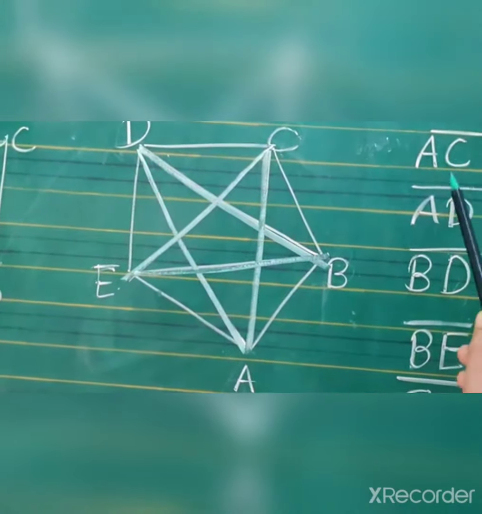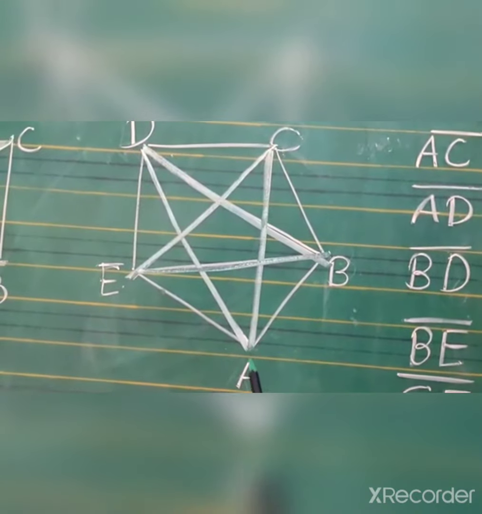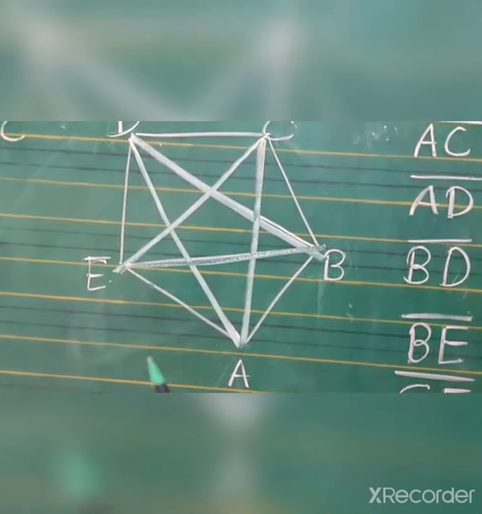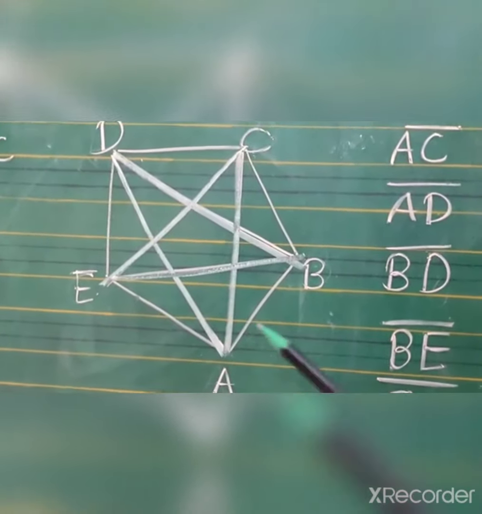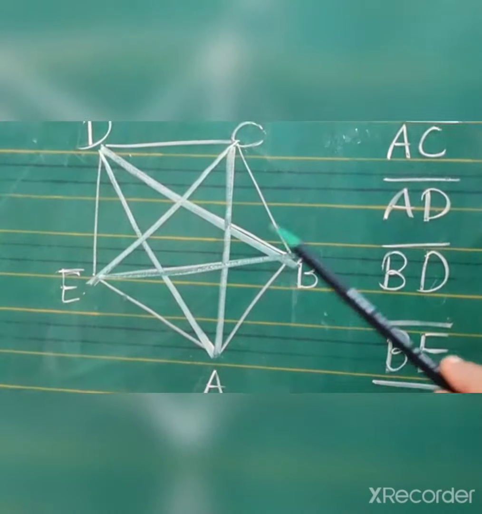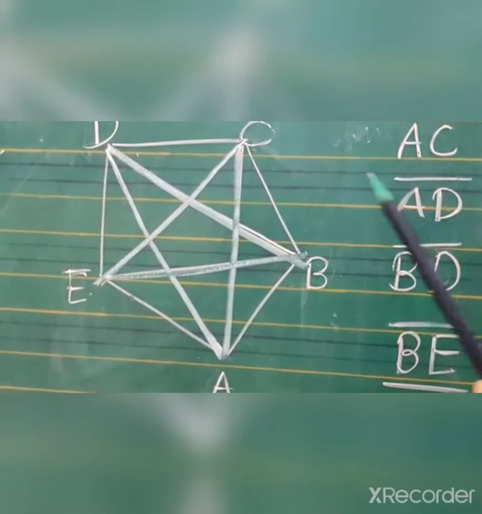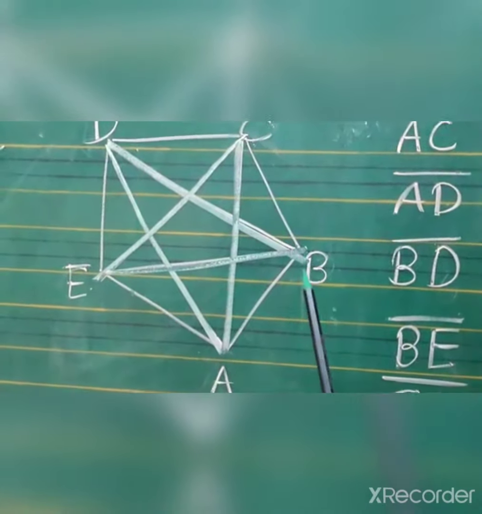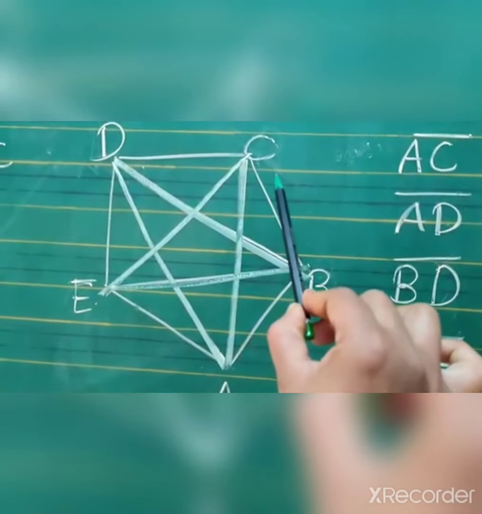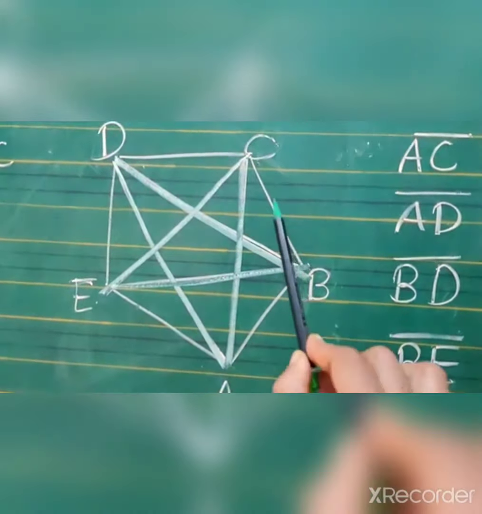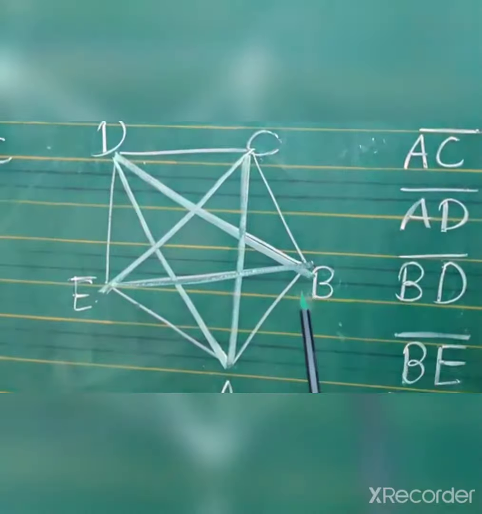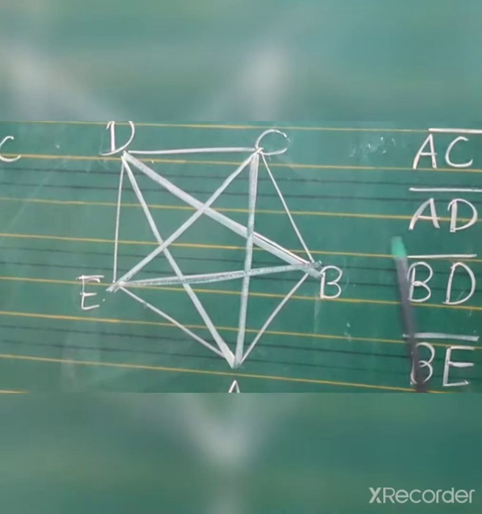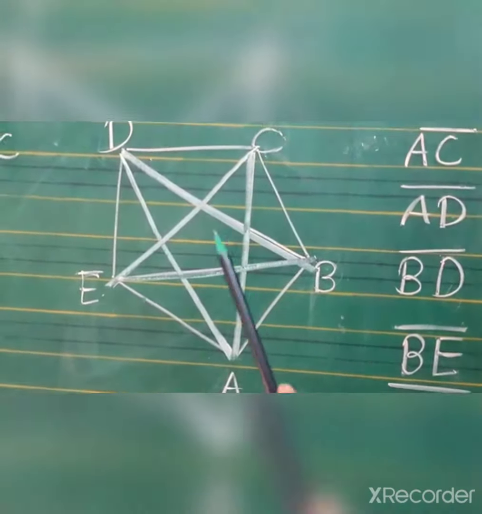AD diagonal. E is just after A, so we will not join, as it is already a side. So AC and AD are the diagonals of this figure from A. Then B: C is just after B, so we will not take C. B to D and B to E. So BD and BE.